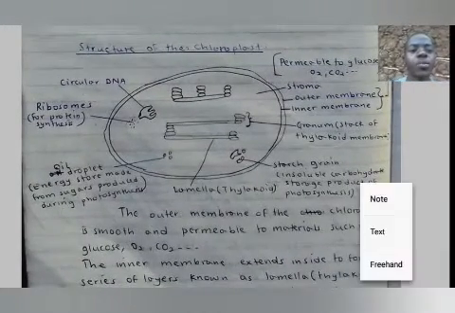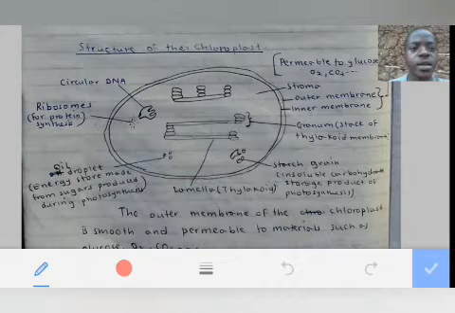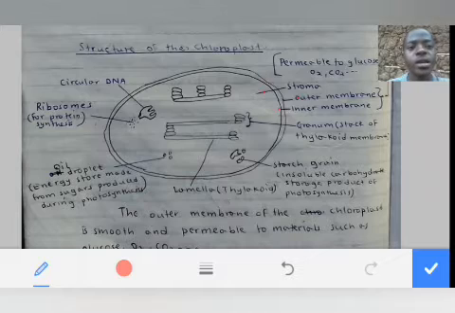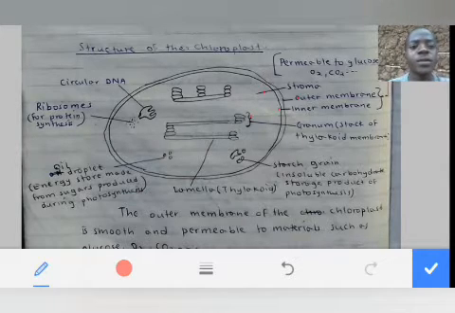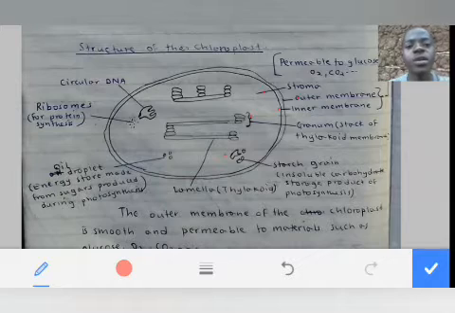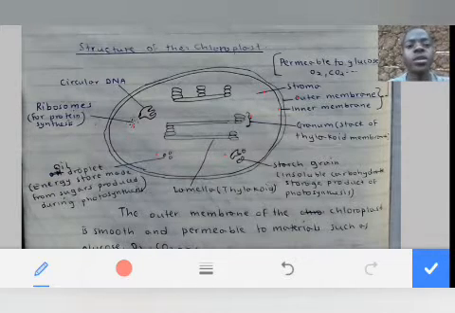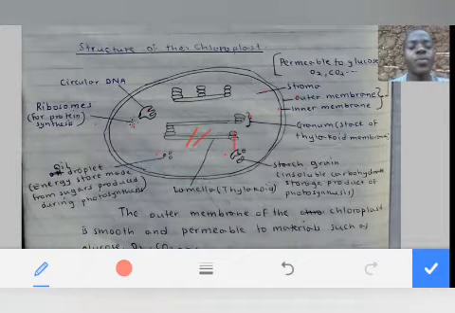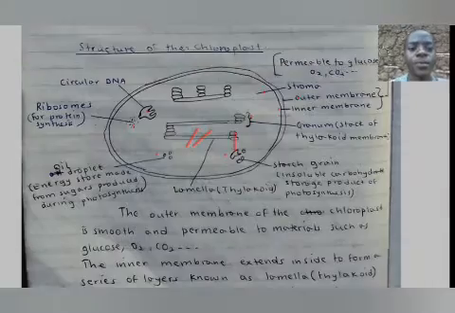It has the stroma, the outer membrane, the inner membrane, the granum, this part here. It also has the starch grain, the energy store that is made from sugars, the oil droplet. It has the ribosomes, the circular DNA, and this is the lamella. The whole of this is the lamella.